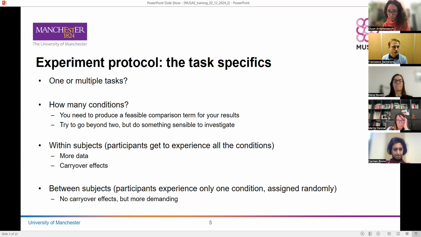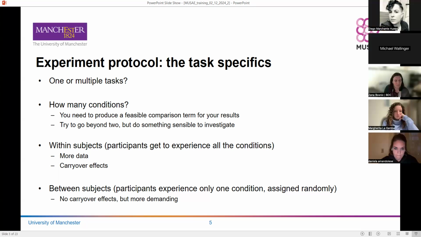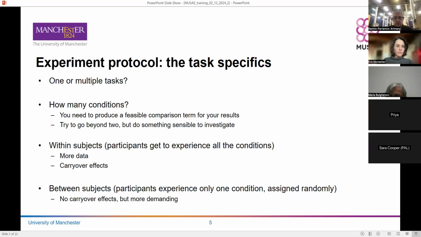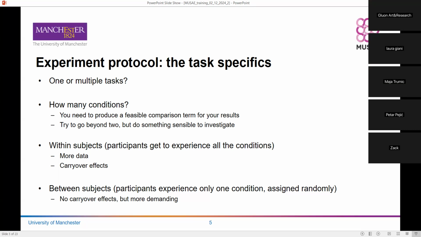Differently, you can go for a between subjects, and in this one, participants experience only one condition, and this is assigned randomly, even before knowing who is going to turn up on that day. You generally know how many people are going to turn up, and then you randomize the order of the assignment of the condition.